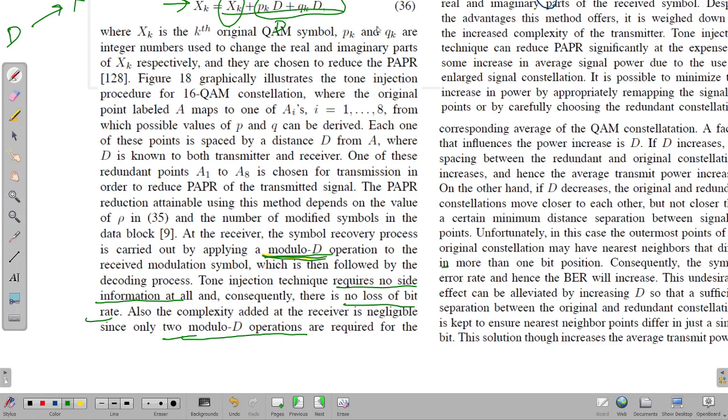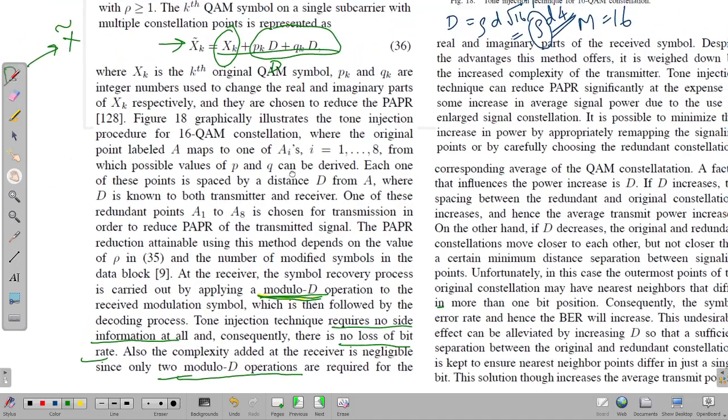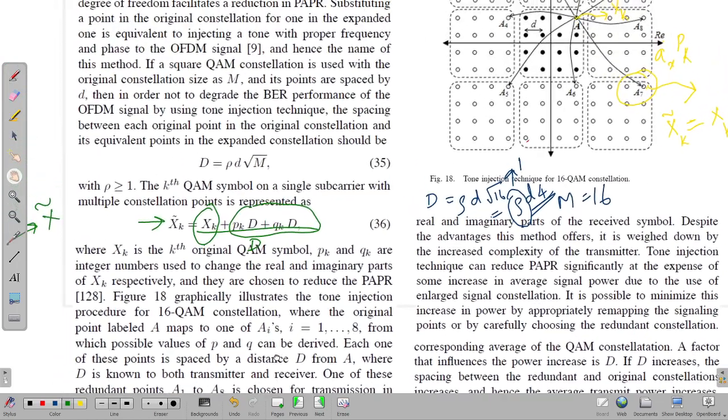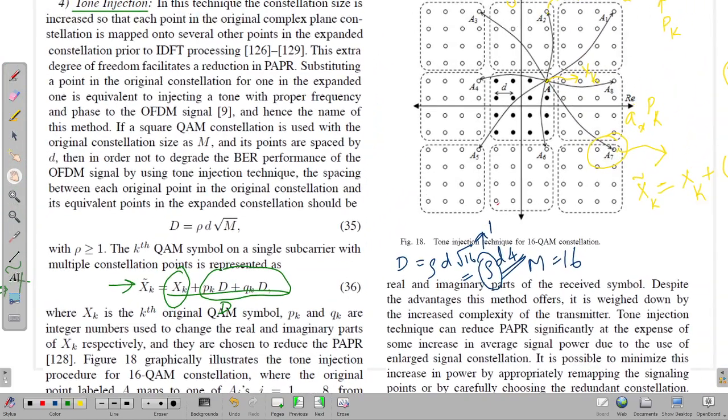The receiver complexity is less when compared to the previous techniques. The receiver complexity is less, but the transmitter complexity can be more.